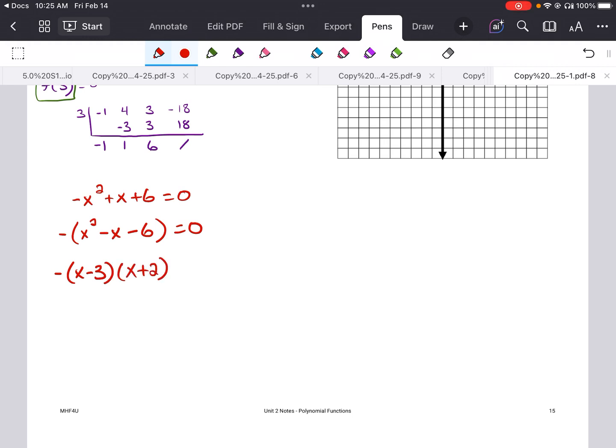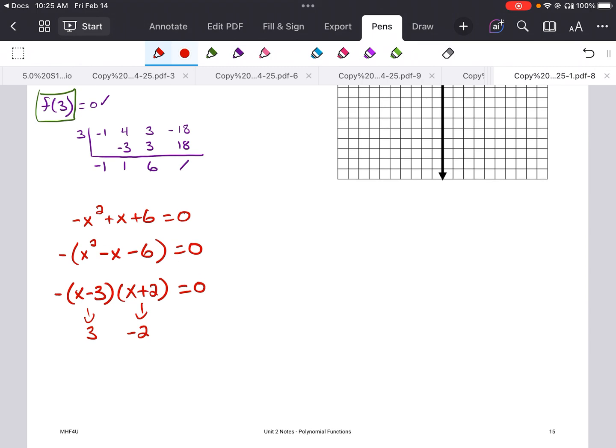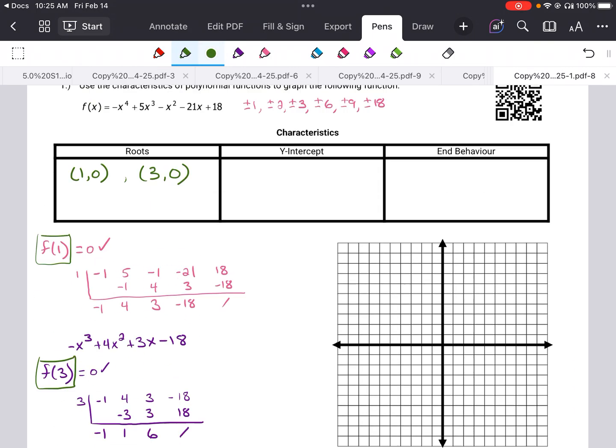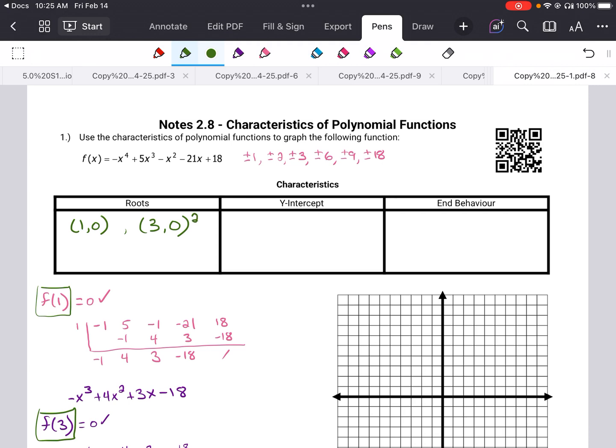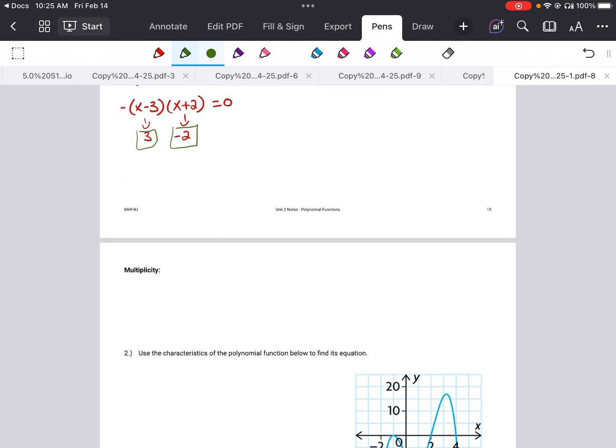It's going to give us x minus 3, x plus 2. So factors here of 3 and negative 2. So we already had a factor of 3, so let's put a squared there, and then we have another root of negative 2. Okay, so those are our roots.